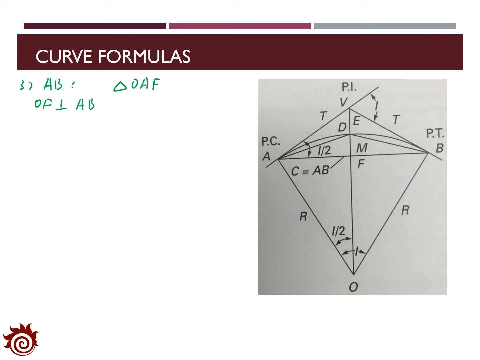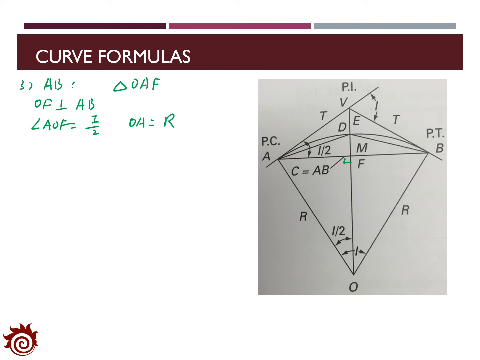In that sense, the triangle OAF is a right triangle. Also, we know the angle AOF is half I, and the length of OA is just the radius of the curve.